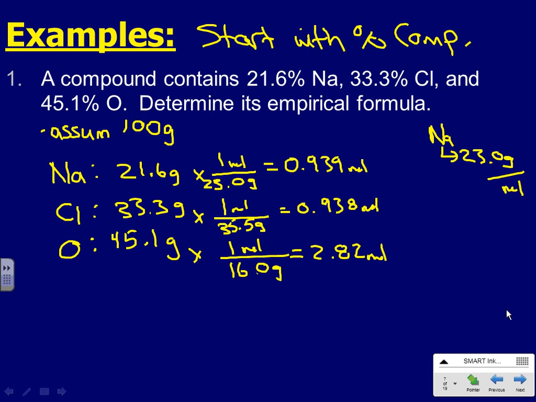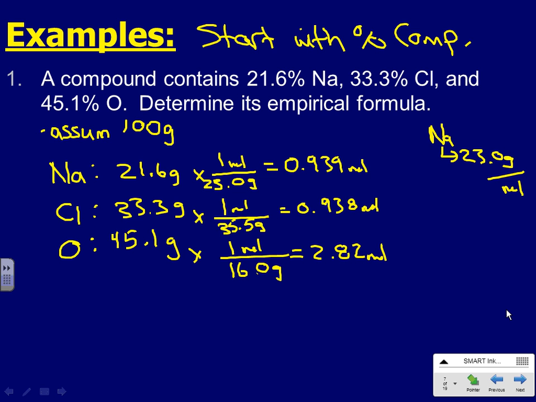That's a successful empirical formula. So what we do is we take those ratio of the moles, divide by the smallest number to squeeze everything into a ratio with respect to that. This thing is NaClO3. What is that stuff? We have a name for that stuff. Yep. It's sodium chlorate.